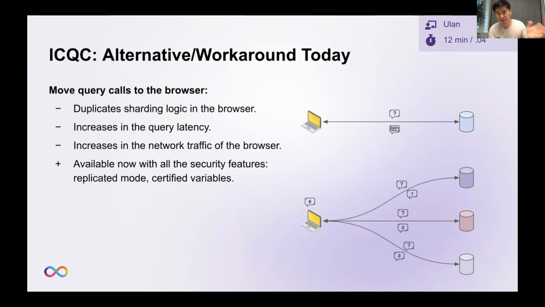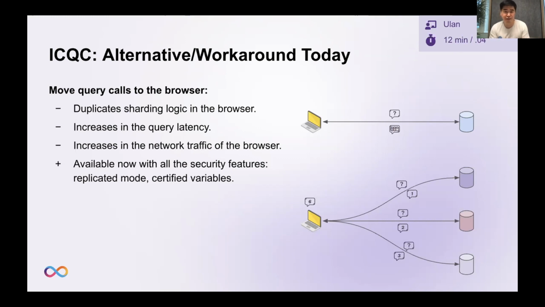And in the second step, it can send queries to those canisters directly, maybe in parallel, then collect the results and aggregate the results locally. It has some disadvantages, one being that the logic for sharding is duplicated in the browser. Another is that the latency increases because the browser would need to do at least 2 queries.